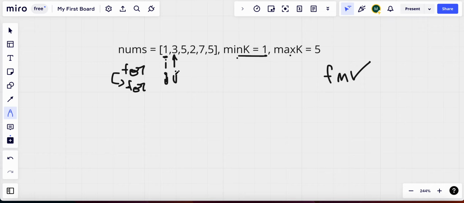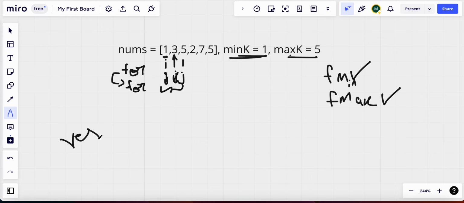Next we increment j, and this falls within the range of min and max, and also we found our max, right? So we found our min and we also found our max. Since we found both the values, this now becomes one of our subarrays, so our result will increase by 1. Initially it's 0, we increase it by 1.